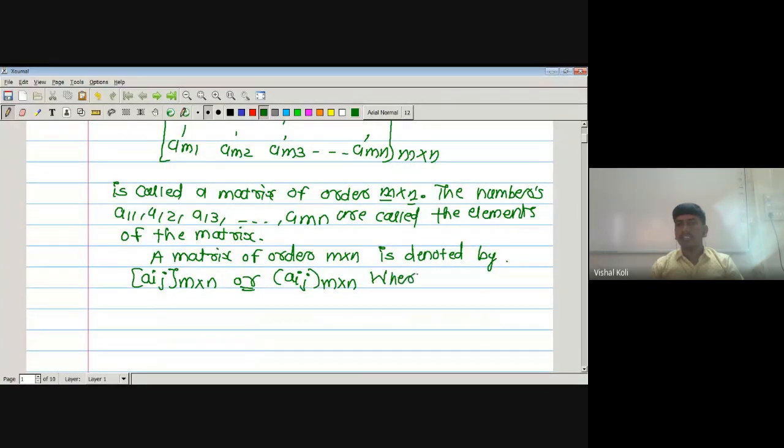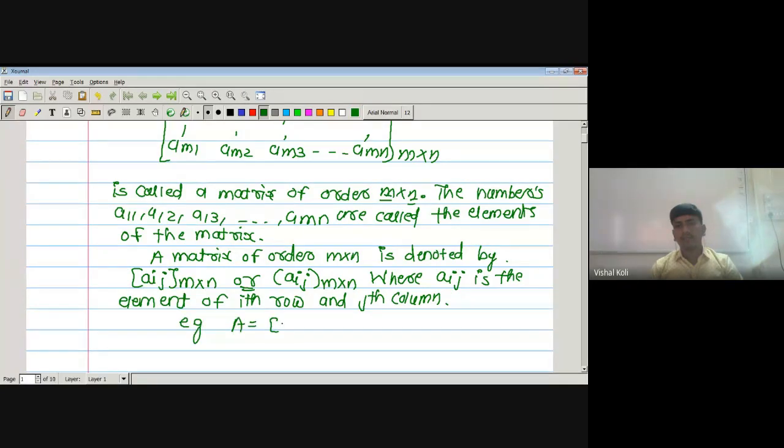where aij is nothing but the element of the ith row and jth column. So any matrix can be denoted by A equal to aij of order m cross n, where i runs from 1 to m and j runs from 1 to n.